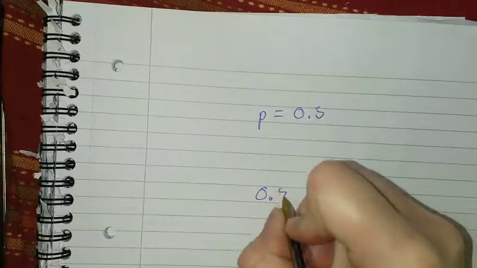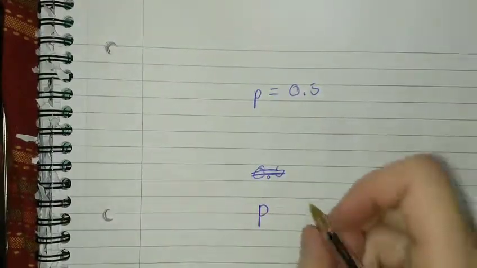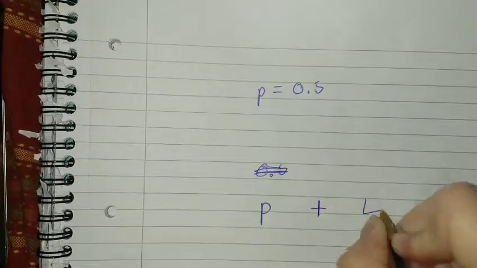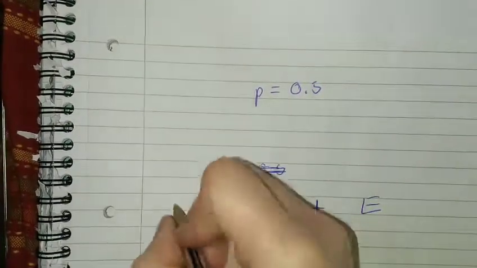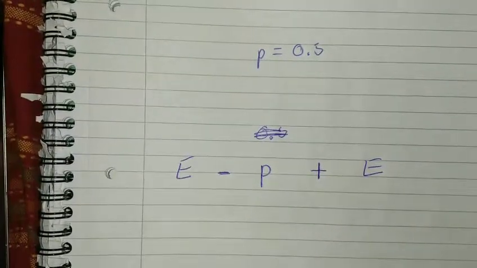Well, the true proportion of people that support, P, we could add on our error and subtract our error to find the real amount of people that support. So it's plus or minus our margin of error.